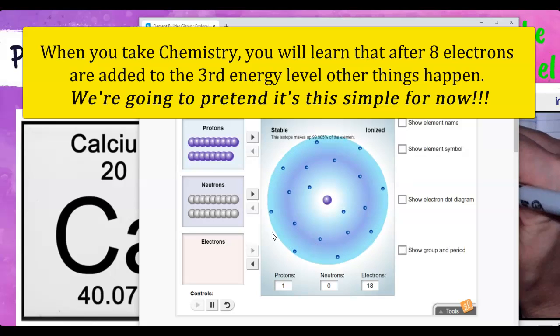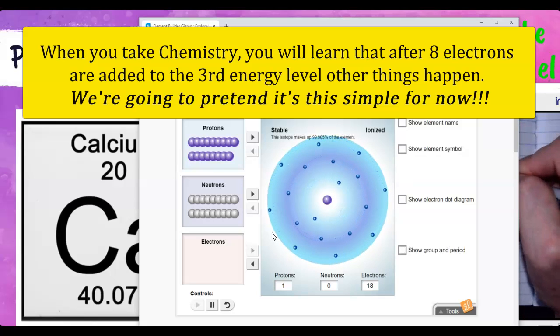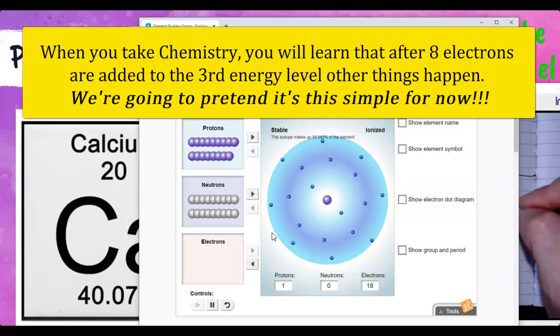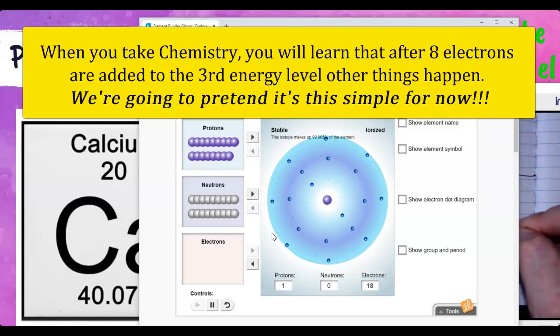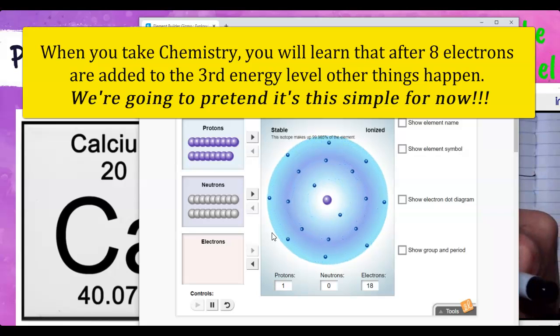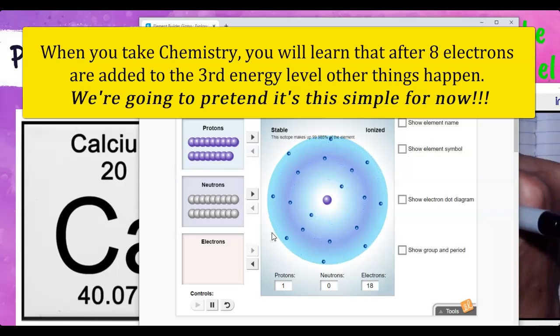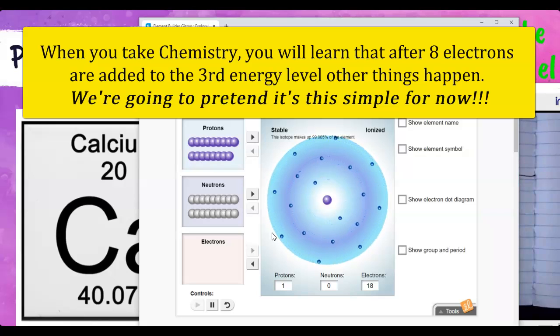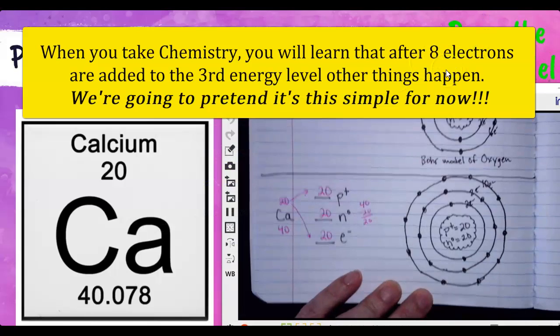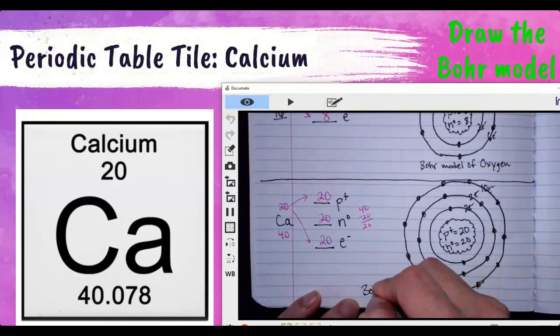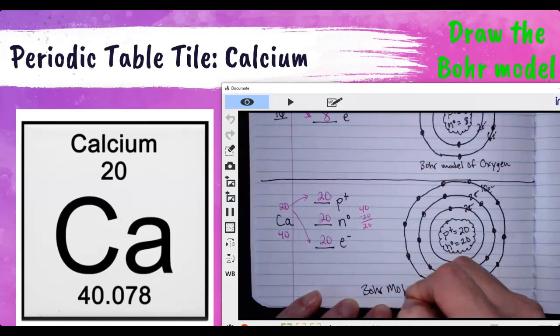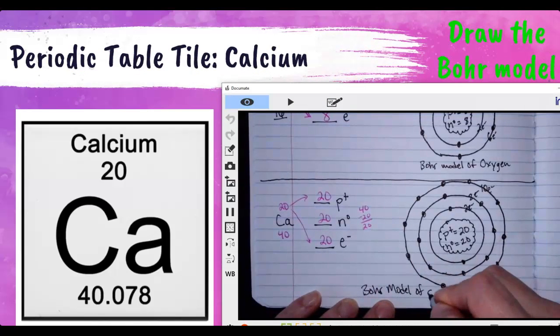So we can just go ahead and write in all 10 of our electrons on this energy level here. 1, 2, 3, 4, 5, 6, 7, 8, 9, 10. And there we go. Now I have my Bohr model of calcium.